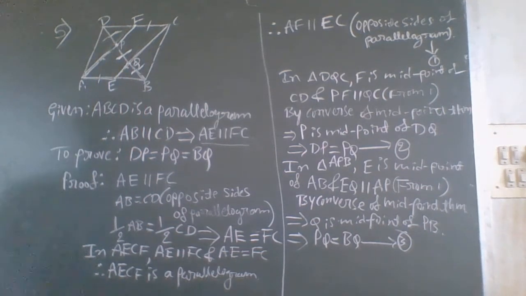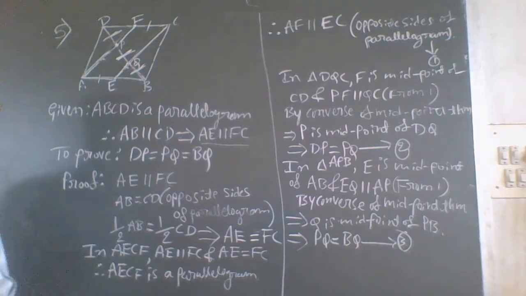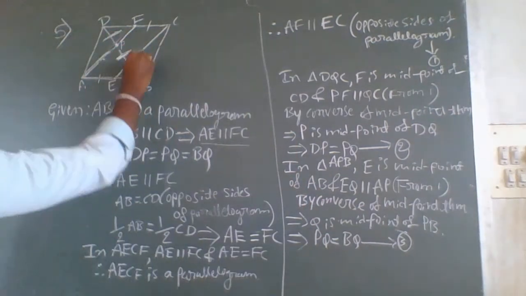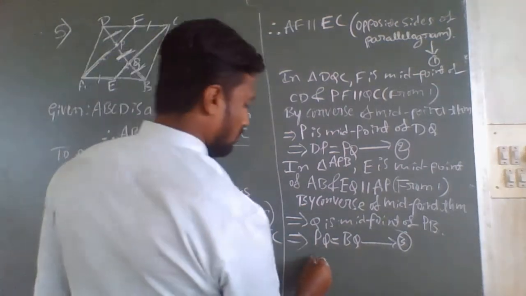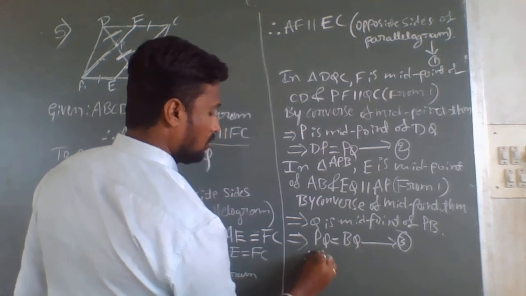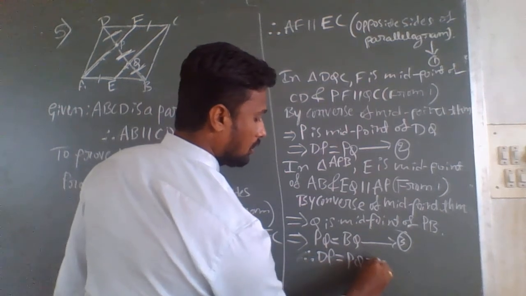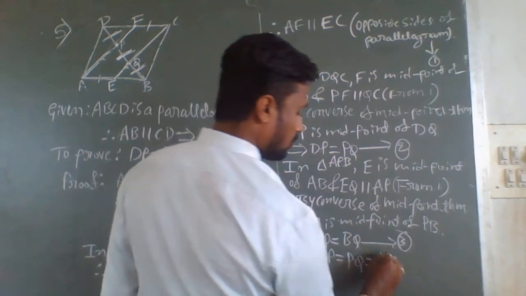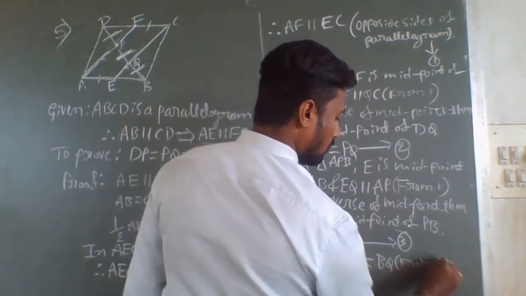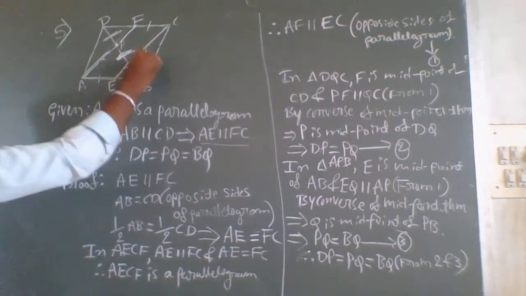So now from 2 and 3, what we got to know is that all these three sides are equal.